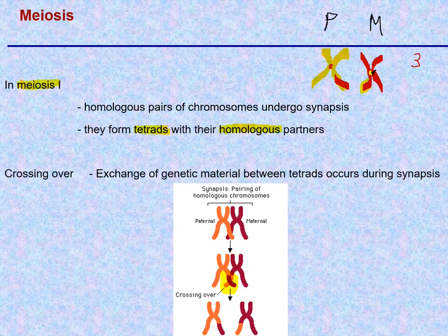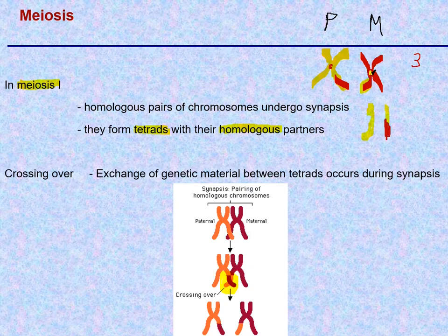Now what happens as the cells go through meiosis 1 and then divide further into meiosis 2 is that eventually you'll end up with 4 spermatids, that go on to form 4 sperm or spermatozoa, that each have a copy of chromosome 3. One of those sperm cells has a copy of chromosome 3 that looks like this. Another one has a copy that looks like this.